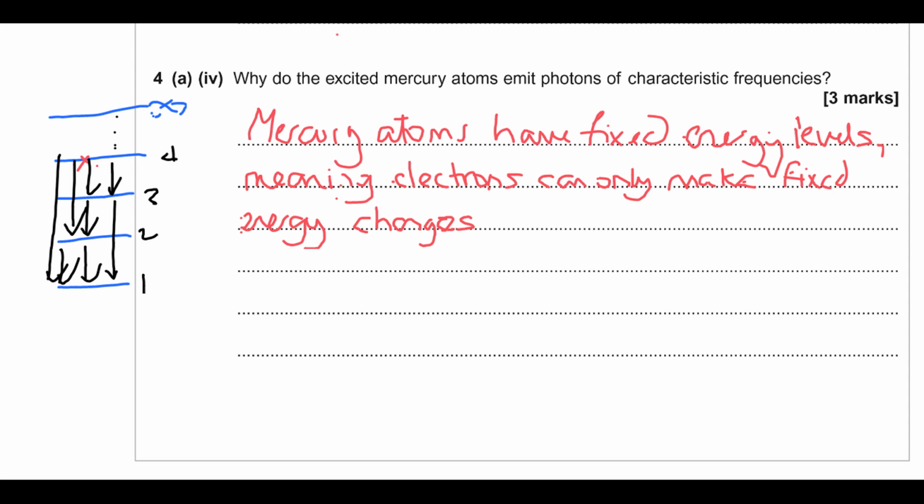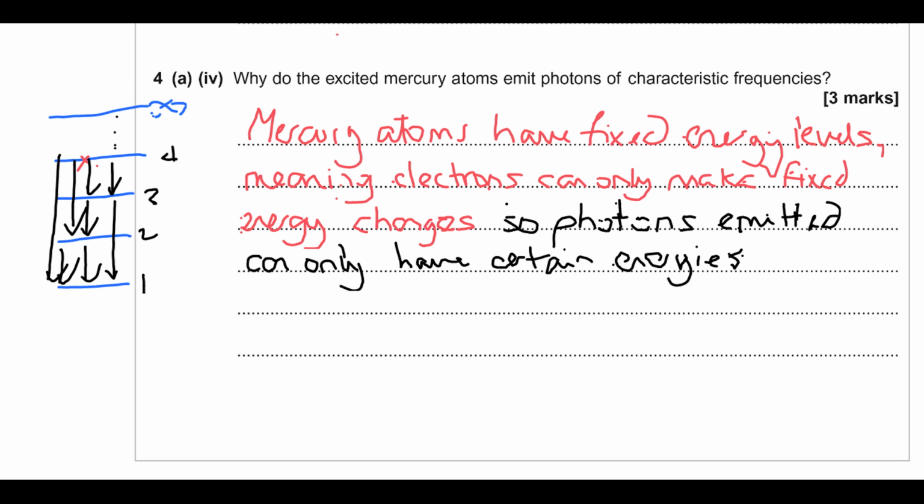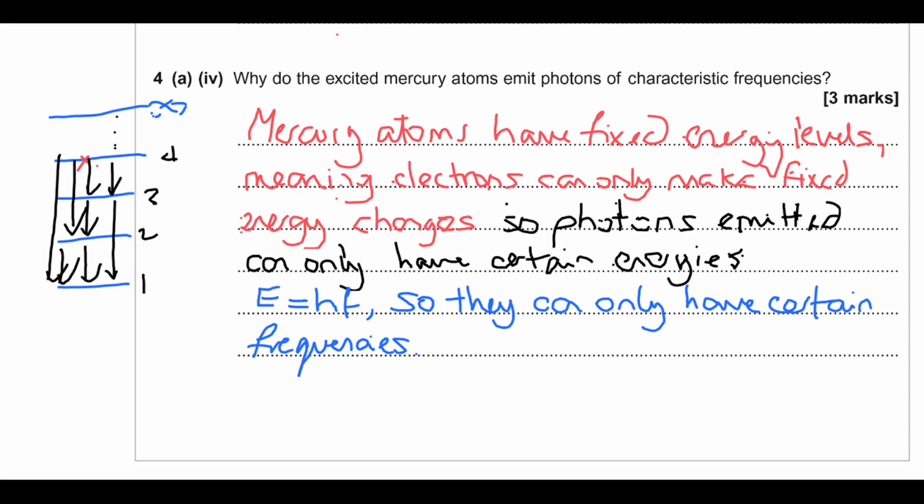So photons emitted can only have certain energies, and we've got this equation here, E equals hf. So essentially they can only have certain frequencies. Okay, and that finishes off your explanation why you get fixed frequencies, or wavelengths would also be relevant there as well.